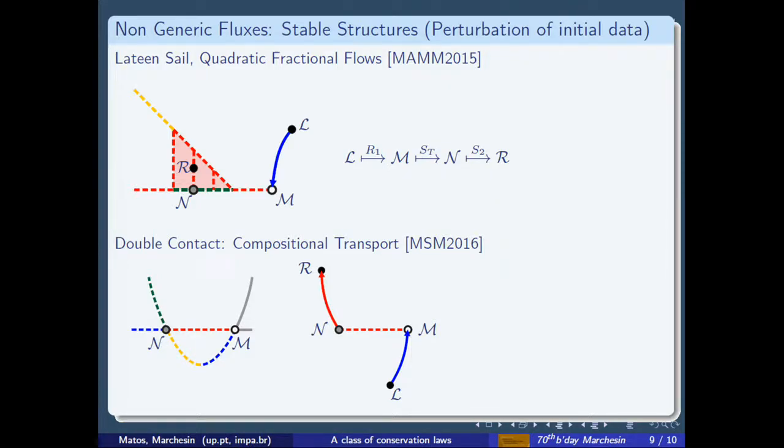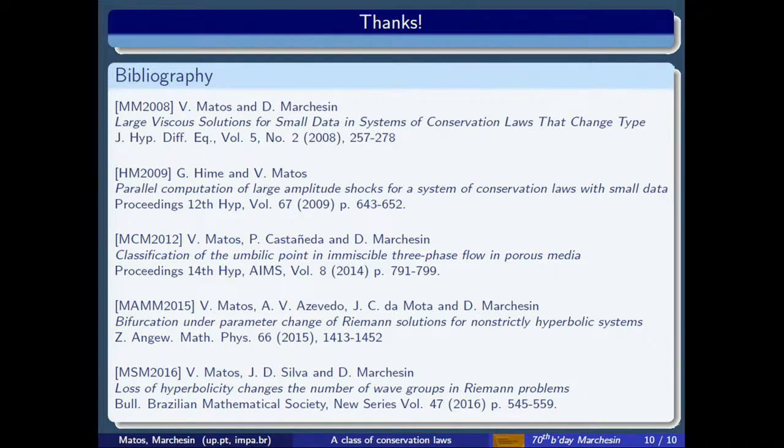And in this case, we have solutions where one rarefaction goes with a two rarefaction without intermediate state. So they form only one wave, and we can move L and R, and you still have only one wave in the two-dimensional system. So that's all. Thanks.